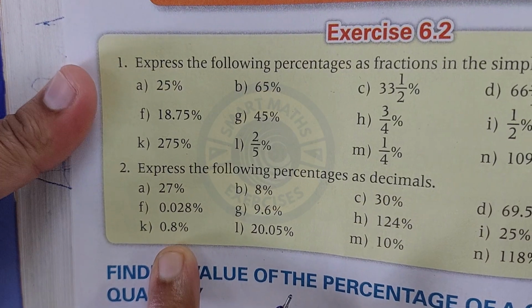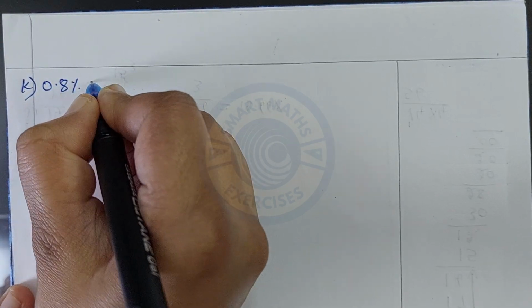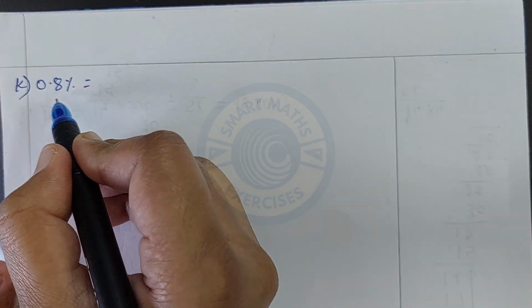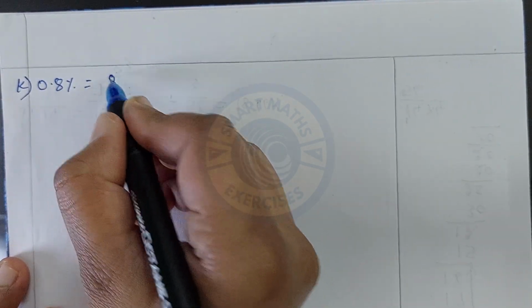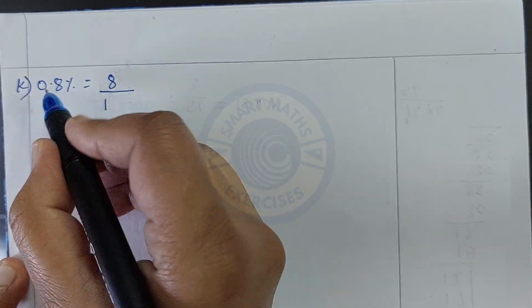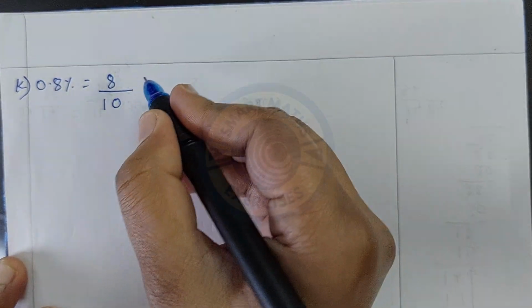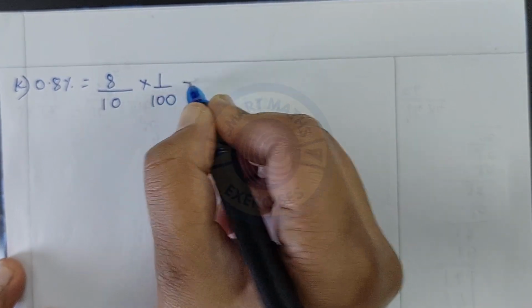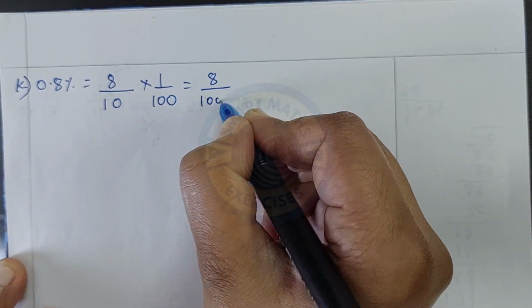Next question is K, 0.8%. Now this is a decimal number. Convert this into a fraction. So it is 8 by, there is one number after the decimal point, so add only one 0, into 1 by 100. So it is 8 by 1000.